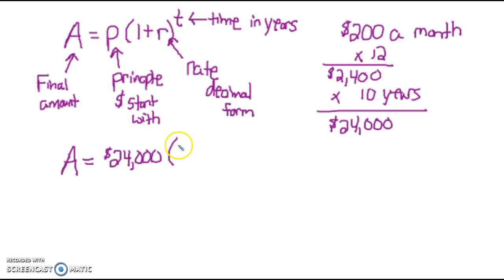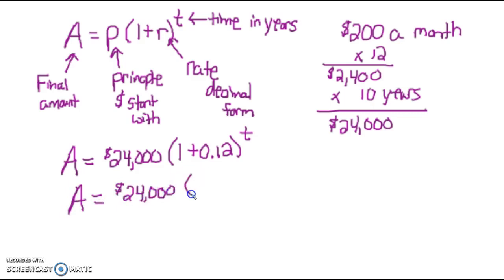I'm going to use the same rate from the video. Our average stock exchange increase, especially over a longer period of time, is 12%. So I'm going to change this to 0.12. And it's going to be to however many years we want. So I'm going to have A equals 24,000 times 1.12, and let's see how much we would have after 10 years.